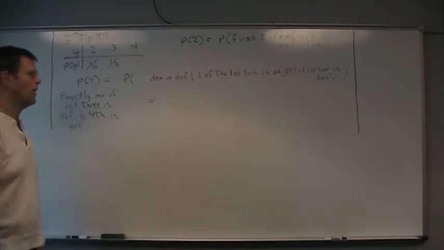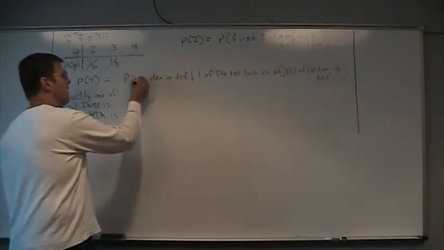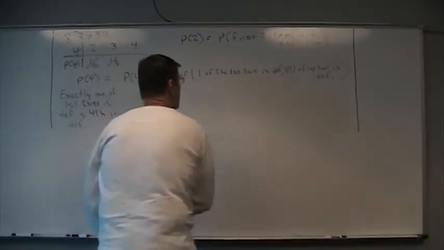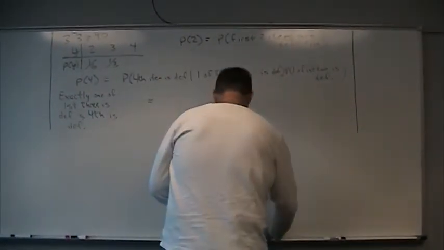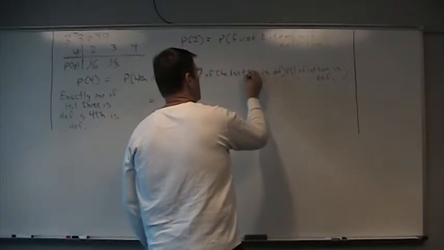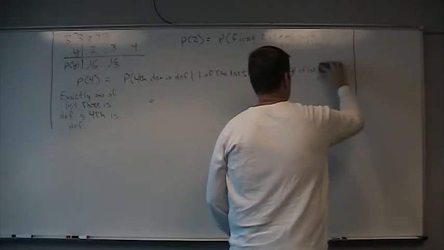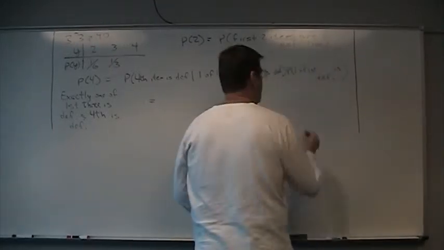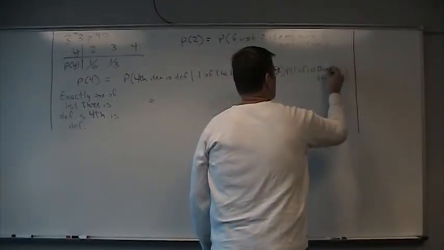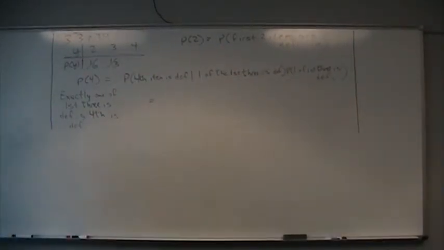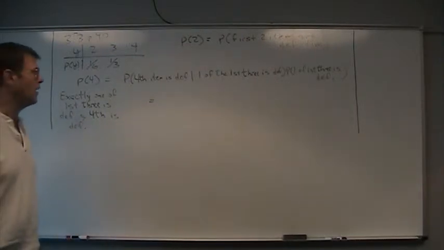So filling in what we have up here, we have the probability that the fourth item is defective, given that one of the first 3 is defective, times the probability that one of the first 3 is defective. I know I used whiteboard tricks, so if you haven't already stopped this to finish writing it in, I'll give you a moment.